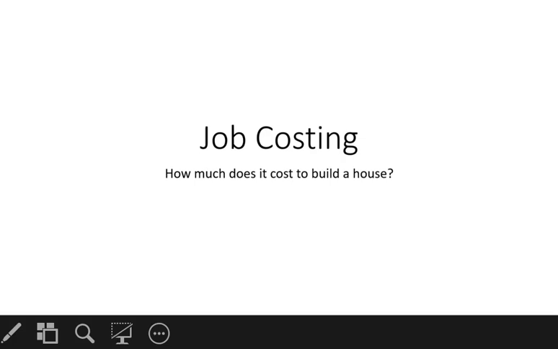We're going to jump in here with the question, what does it cost? That's what we're going to spend a lot of time over the next 3 chapters talking about: ways that we go through the process of calculating the cost of an item.